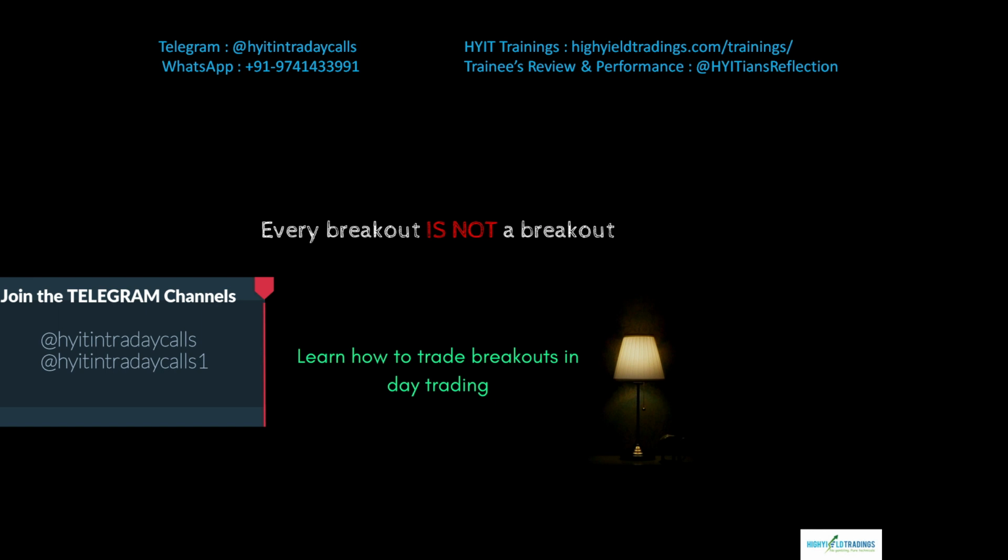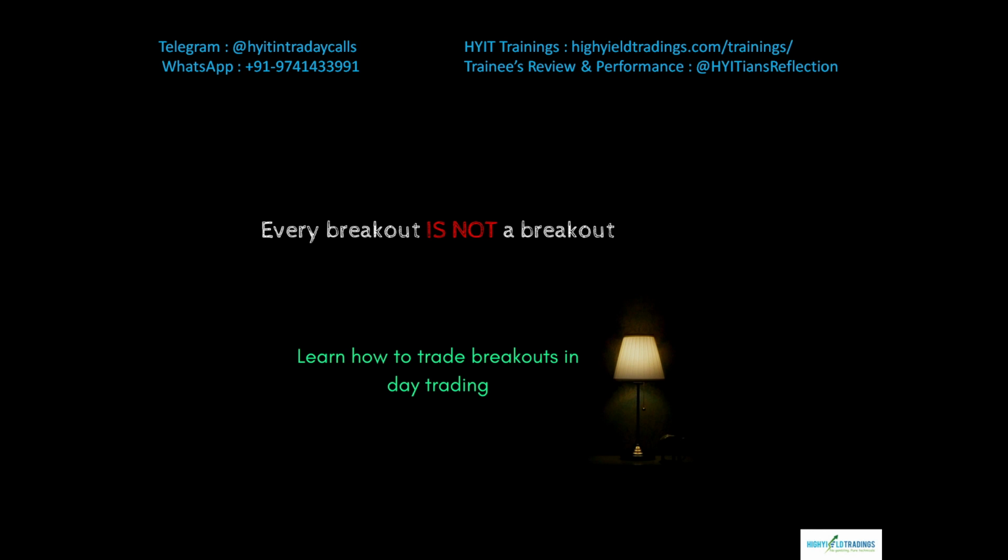But the question still remains unanswered: has the stock really given a breakout, or is it a fake breakout? The answer to this question is crucial because depending on the answer, you will initiate your trade. So how exactly should we decide on this? Normally, let's say you're using an indicator, for example a 20 exponential moving average, a 20 EMA in a 15 minutes time frame.